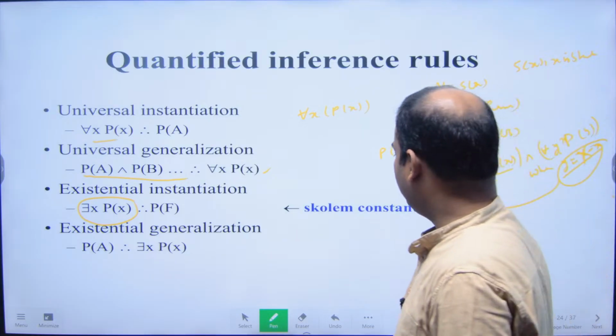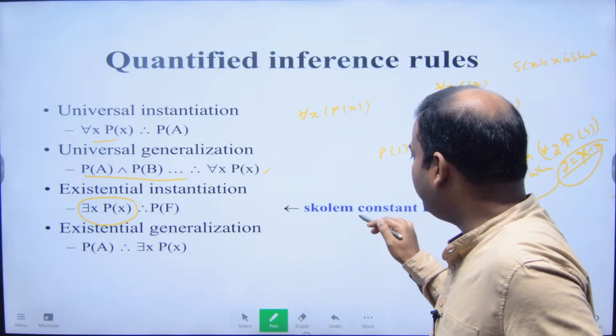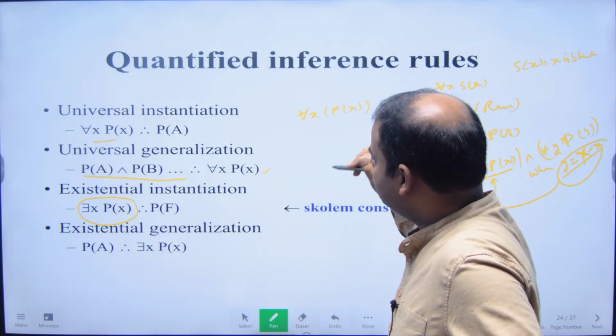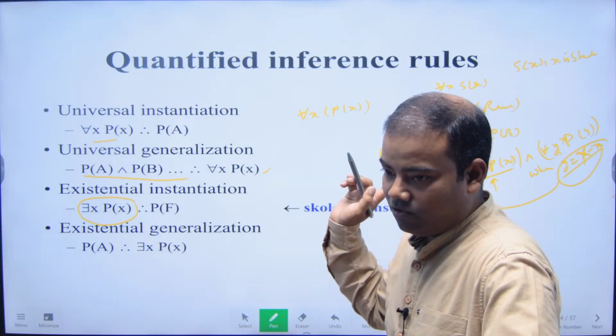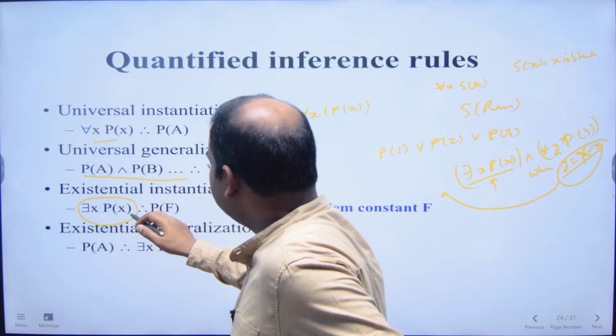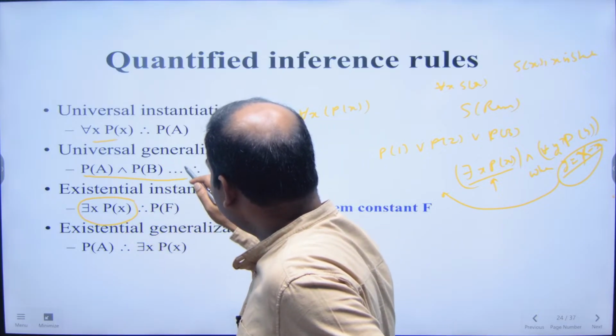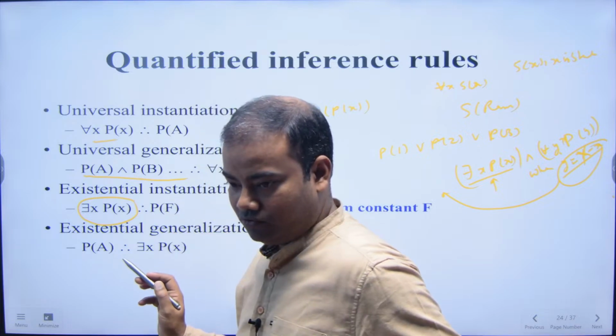Now Skolem constant. These are important when we use predicate calculus in artificial intelligence. Here we are using there exists x P(x), so we can say for some x this is true.